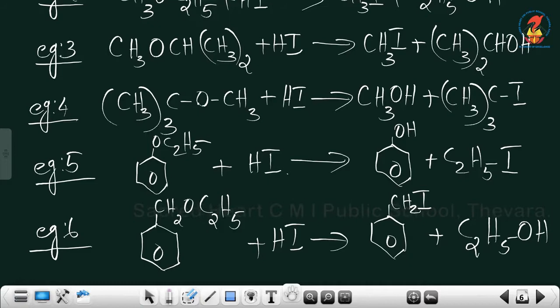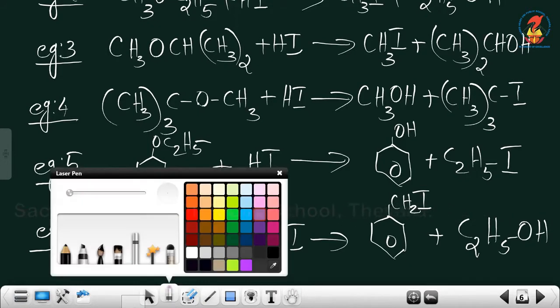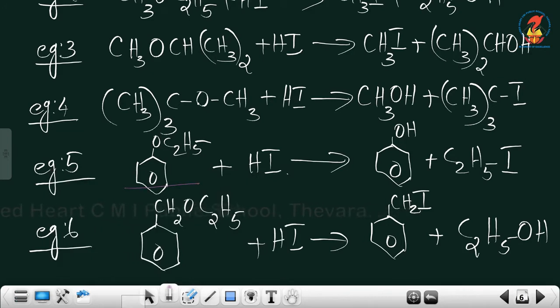Now, example 5 is with a phenolic ether. That is phenetole, C6H5OC2H5. Now you can see phenetole with HI. I told you the reaction of ether with HI involves cleavage of the carbon-oxygen bond. Here we have a carbon-oxygen bond and also another carbon-oxygen bond.